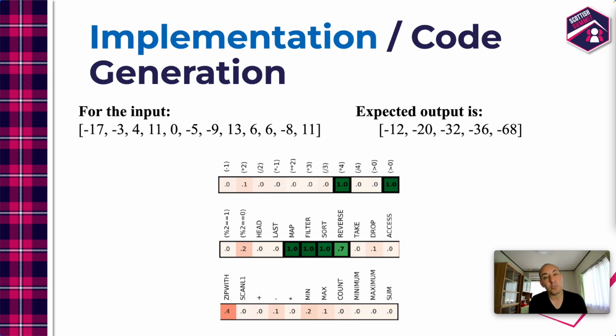Figuring out what operations we need is not easy for us, but machines can solve it in microseconds or milliseconds. For this example, all the values are multiplied by 4, then we filter out all the positive values, leaving only the negative values, and eventually sort from biggest to smallest. Those would be the operations that we need.